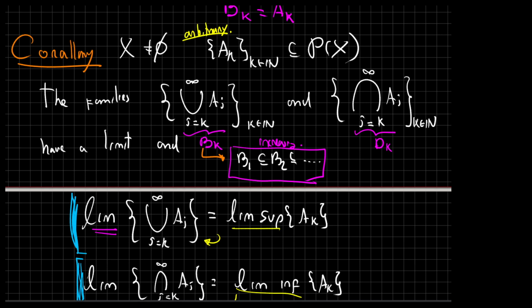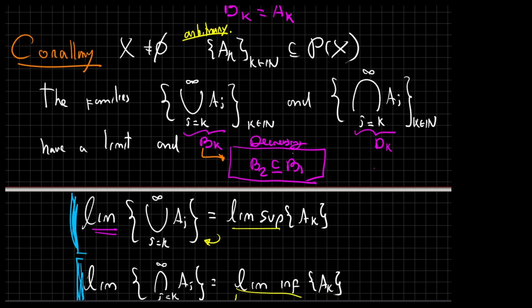No, it is the other way around. This sequence is decreasing. It is decreasing because B1 has everything, and then B2 has everything except A1. So this sequence is decreasing, and this is the sequence that is increasing.